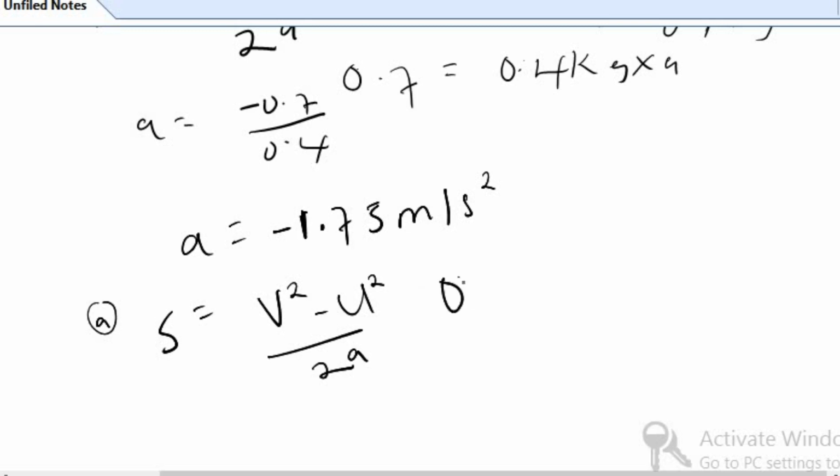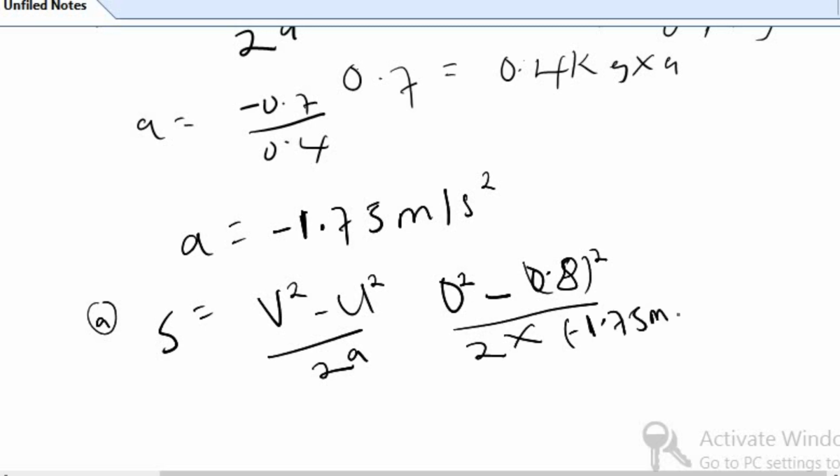Then we say 0 square minus u square, which is 0.8 square, over 2 multiplied by minus 1.75 meter per second squared. These are our variables.